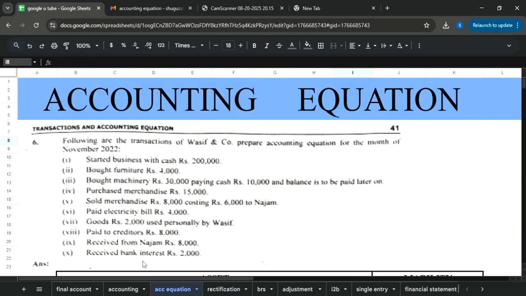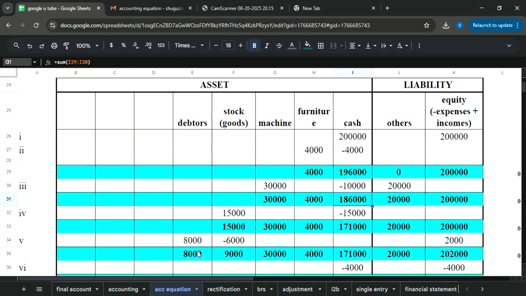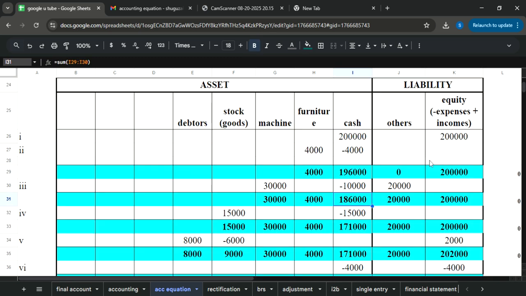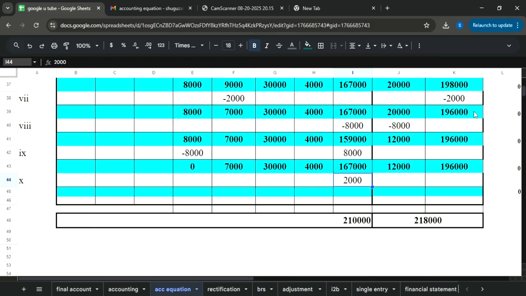Look here. Received bank interest 2,000. So when you receive interest, you receive cash. Receiving interest is what? That is your income. And the column of income is over here. Last column, liability side, plus sign. So you will put 2,000 plus in the liability side as well.